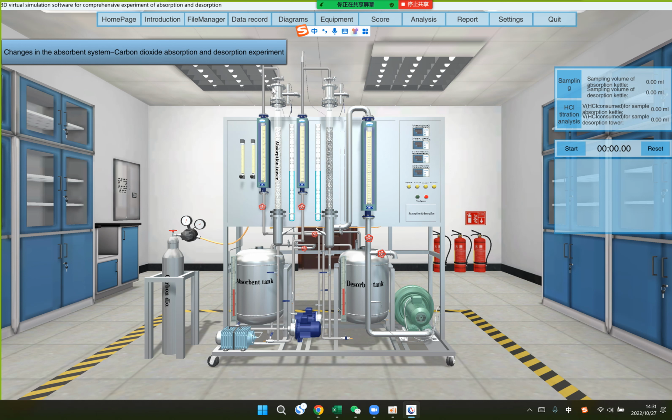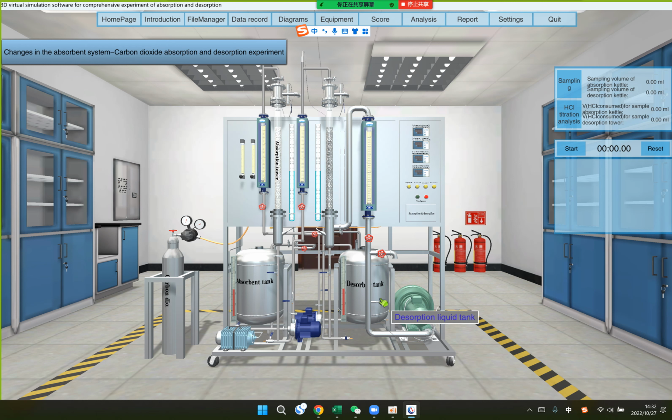However, in the on-site apparatus, the emitted gas will be absorbed. Okay, and the absorbent liquid, actually it's water, will move from the tank by a pump and from the top downward into the desorption tank.